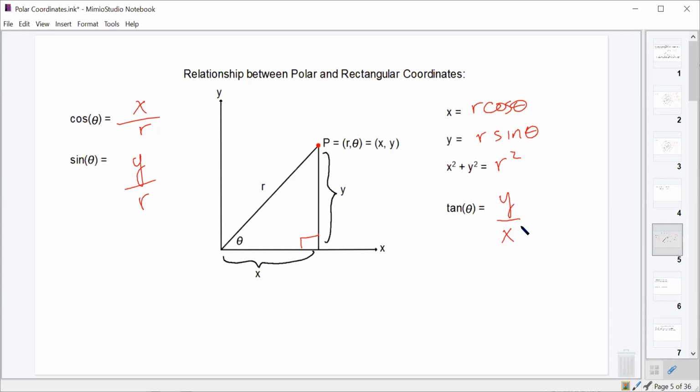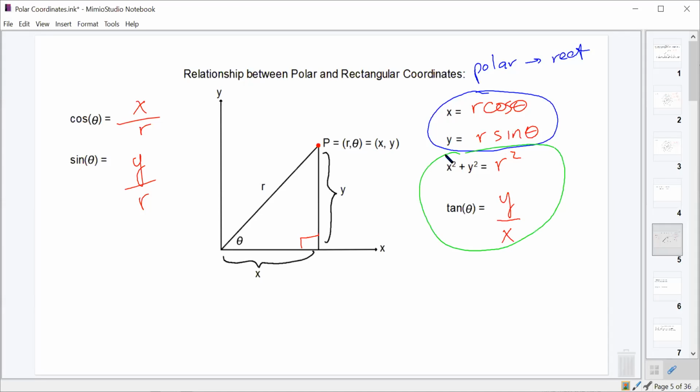So that should be pretty straightforward to convert back and forth. We're just going to use those 4 formulas. The first two, x equals r cosine theta and y equals r sine theta, are going to help us get from polar to rectangular. And then the other two will more generally be used to take us from rectangular to polar.